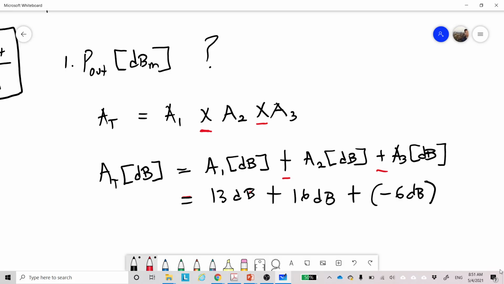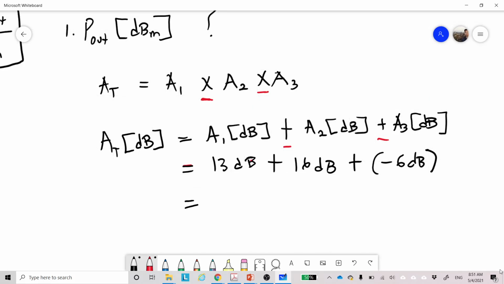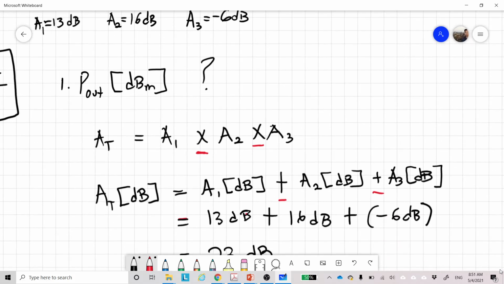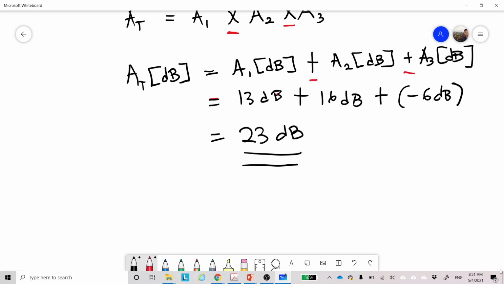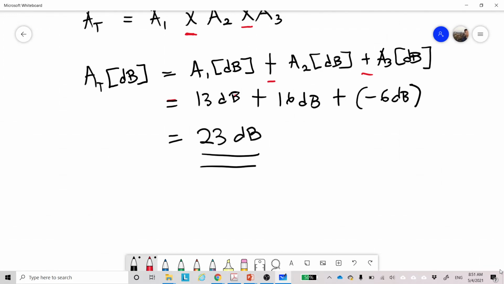So this is equal to 23 dB, A total. If you don't understand, you try to ask me. What I want to show you here is that the multiplication process in the absolute value is equivalent to the summation process in decibel.